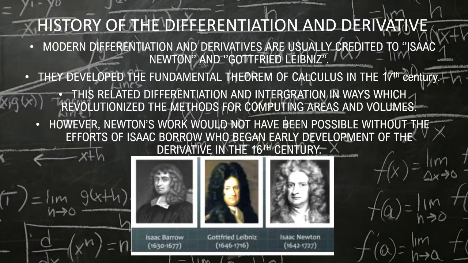This related differentiation and integration in a way which revolutionized the methods for computing area and volumes. However, Newton's work would not have been possible without the efforts of Eisenhower, who began early development of the derivative in the 16th century. That's all for me.